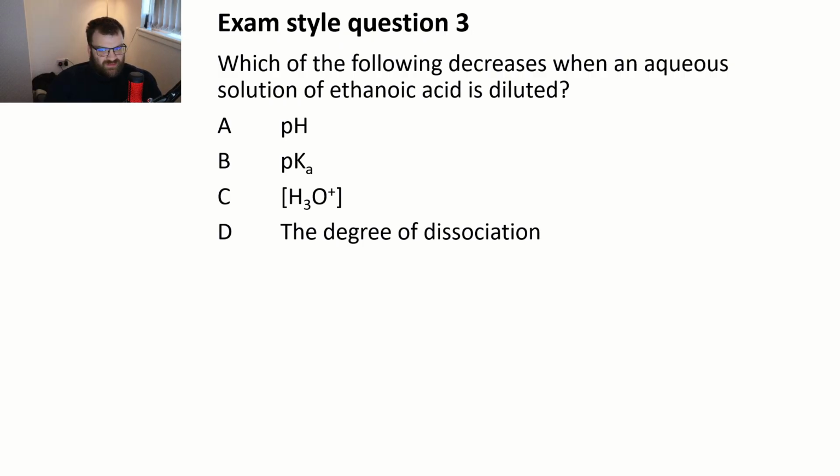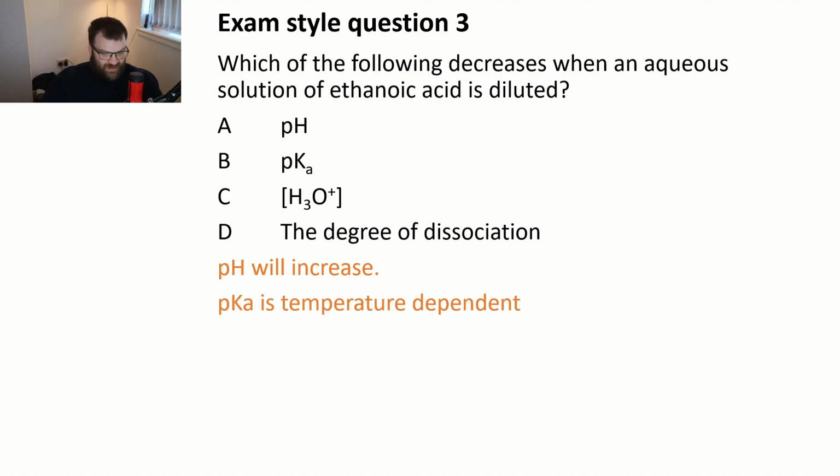Next one, we're talking about different values for ethanoic acid solution. Ethanoic acid is a weak acid. If you add water to an acid, it's going to increase the pH. It's going to go up towards 7, so it's not going to be that one. pKa is minus log to the base 10 of the dissociation constant.